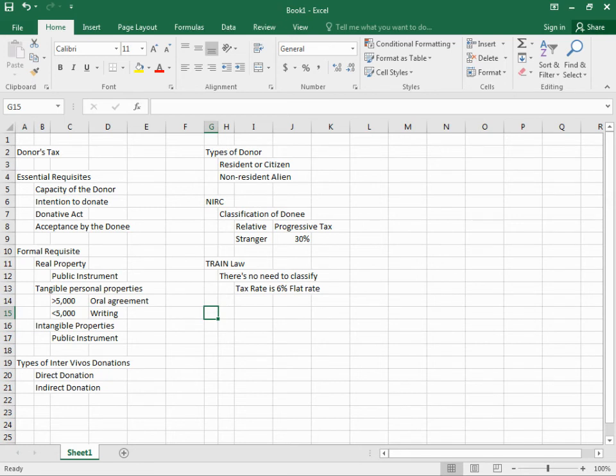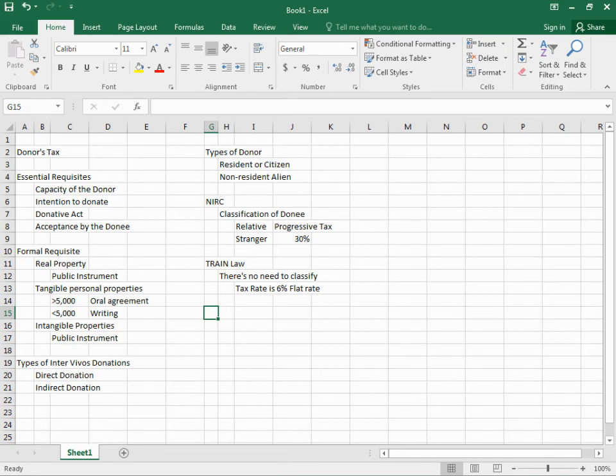Kasi kapag in-specify mo, for example, kapag yung inheritance has only two heirs, kapag dalawa lang kayong tagapagmana, nag-renounce ka ng inheritance mo, okay, hindi mo tinanggap inheritance mo, automatic dun sa kabilang party mapupunta yung inheritance mo, be it general or specific renunciation.